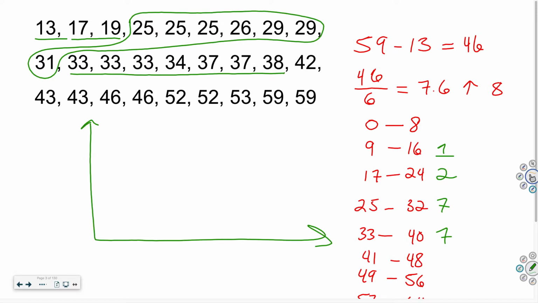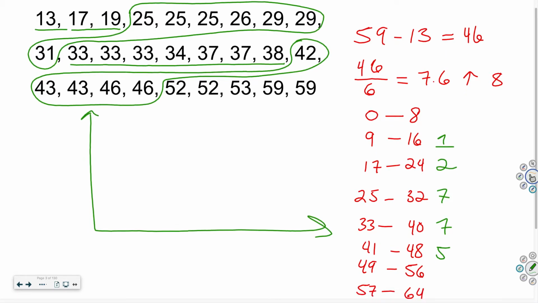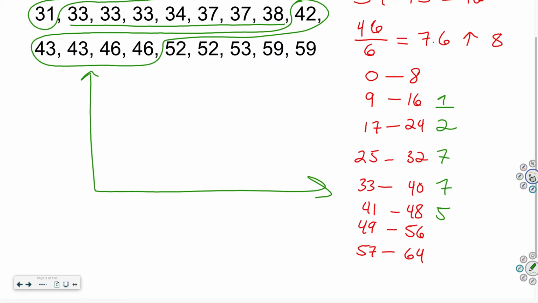Okay. Then 41 through 48. 5. These 5 right here. That's 5. Okay. 49 through 56. That's 3. And at the end here, 2 sets of data.